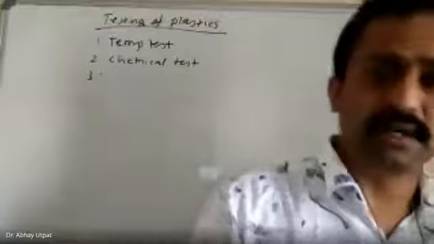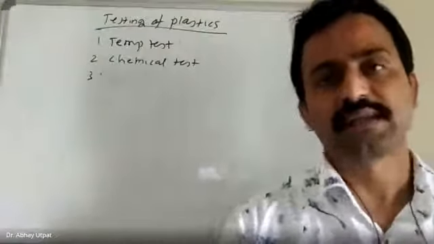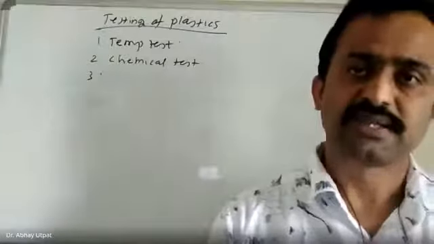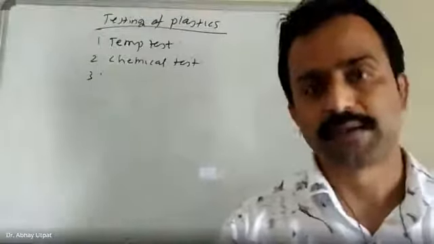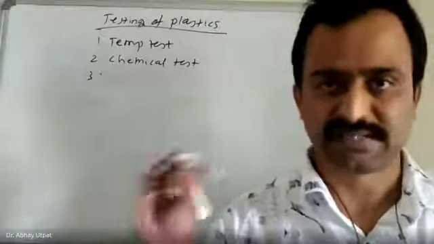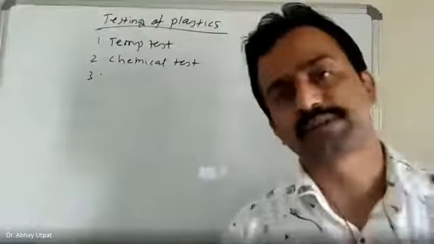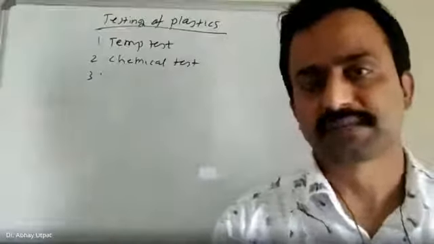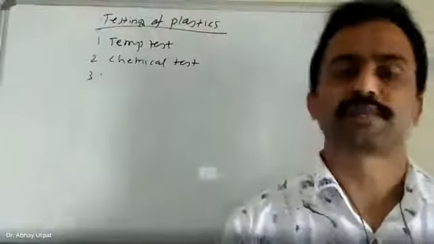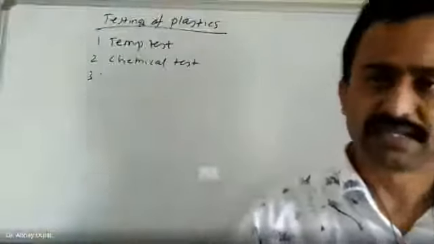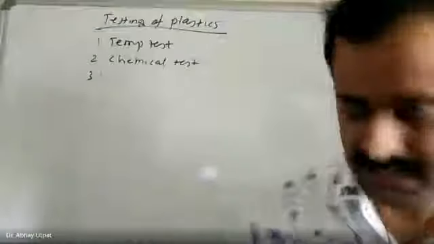If that plastic sustains and does not get dissolved in those chemicals, we can say the chemical test is passed for the plastic. Or if you dip your plastic component in strong chemicals and the chemical does not react with the plastic, you can say this plastic has passed the chemical test.